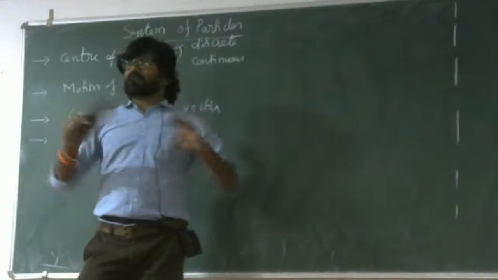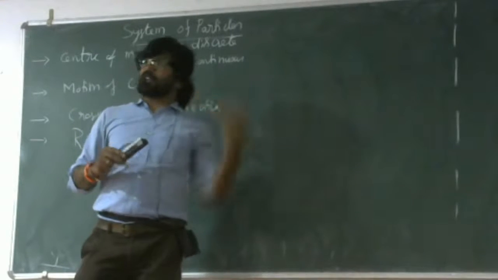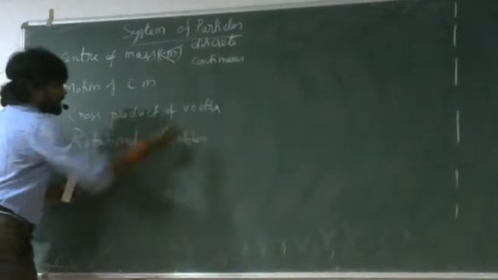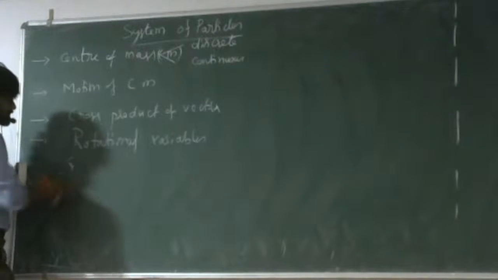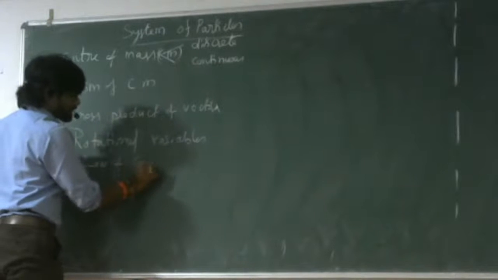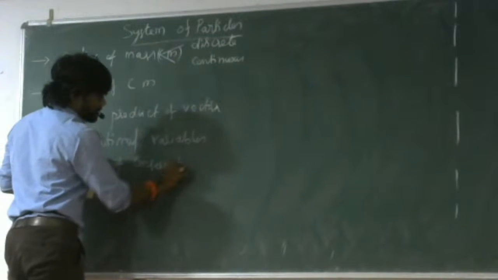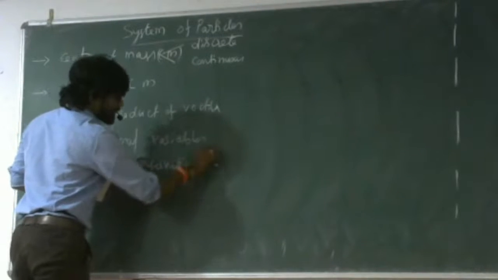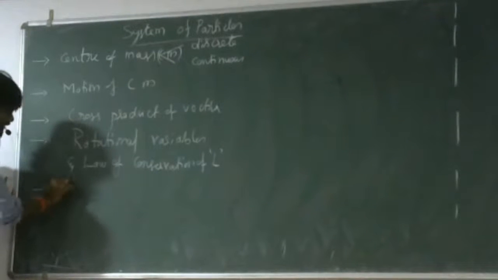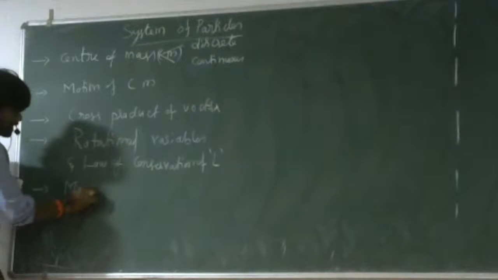And what are the relations between these rotational variables and linear variables? These parameters we will see briefly here. And rotational variables and the law of conservation of angular momentum L.